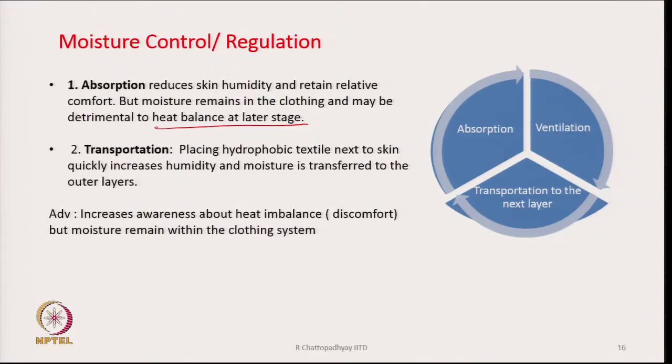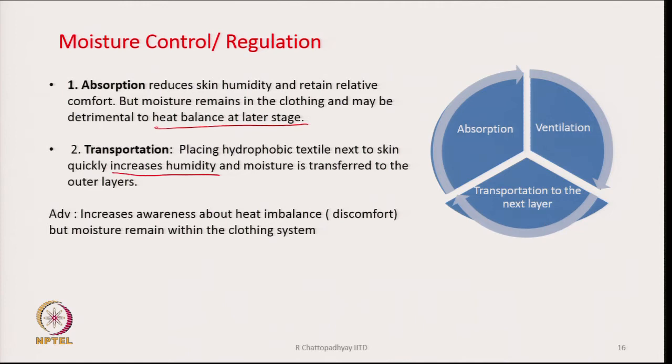The other thing is transportation. Placing a hydrophobic textile next to the skin quickly increases humidity and moisture is transferred to the outer layer. Now, one can think of hydrophobic material near the skin. If we place it near the skin, the negative point is that it does not absorb the moisture.